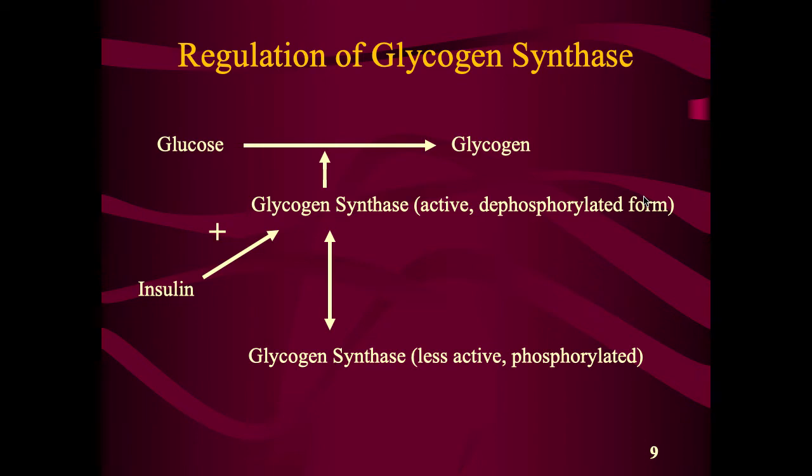So this is regulation of glycogen synthase. It's upregulated by insulin. That makes sense? Blood glucose goes up, insulin goes up, glycogen synthase is activated. That stimulates glycogen synthesis in liver and muscle.